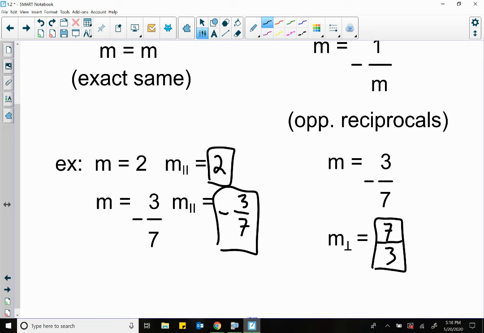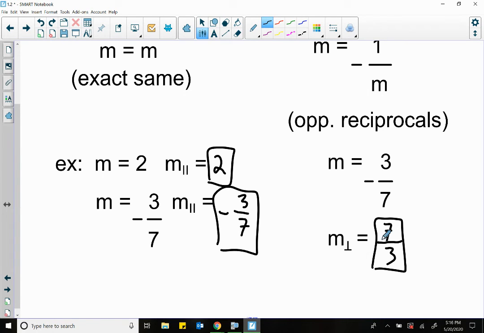The big thing about perpendicular is you need to remember that there are two things you do. Change the sign, flip it. Change, flip. You have to do both of those. Most of the time students will tell me that the perpendicular slope down here is 3/7. So you gave me the opposite, but you didn't flip it.